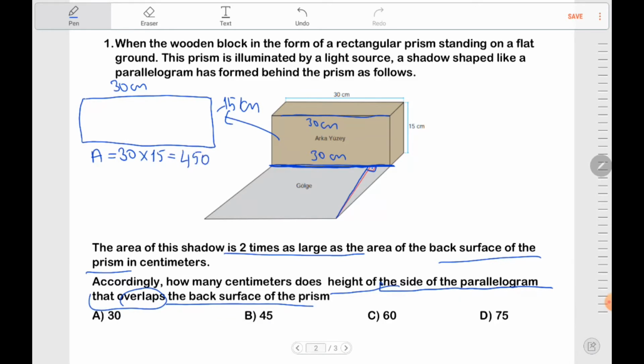450. So the question says that the area of this shadow is 2 times as large as the area. So the area of the shadow equals 450 times 2, and the area of the shadow is 900 centimeters square.